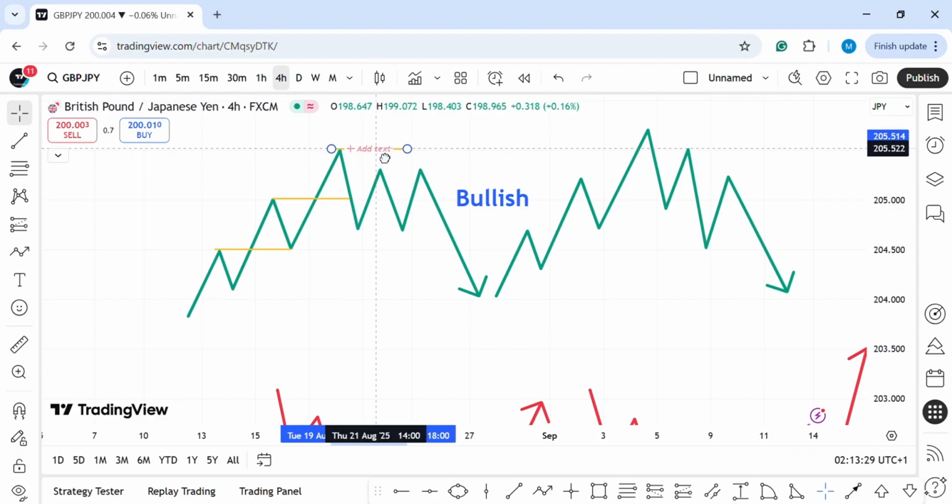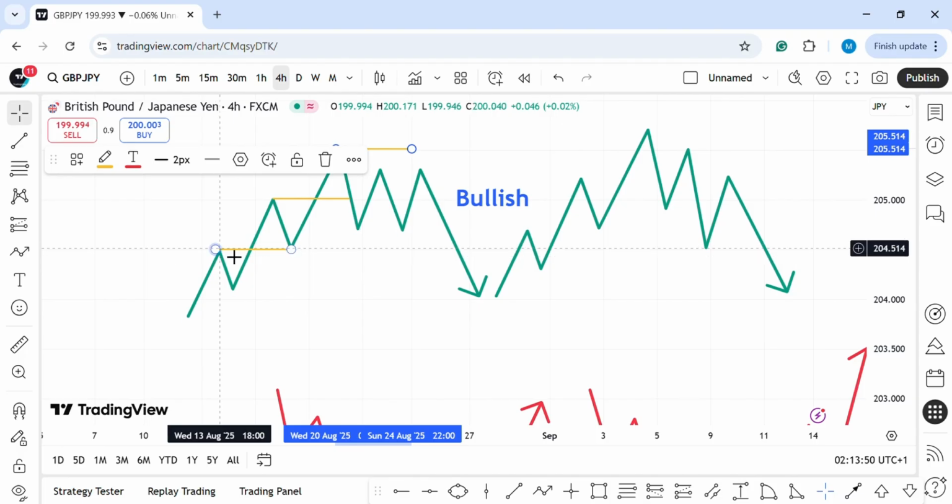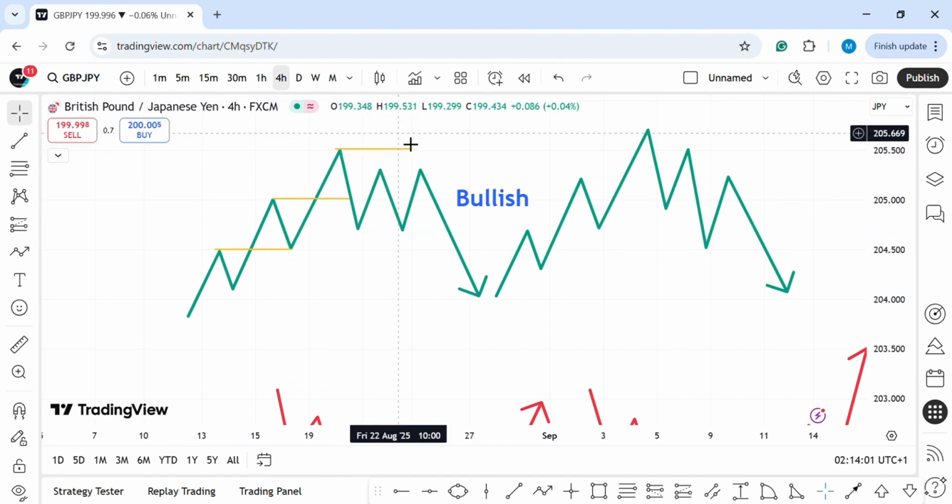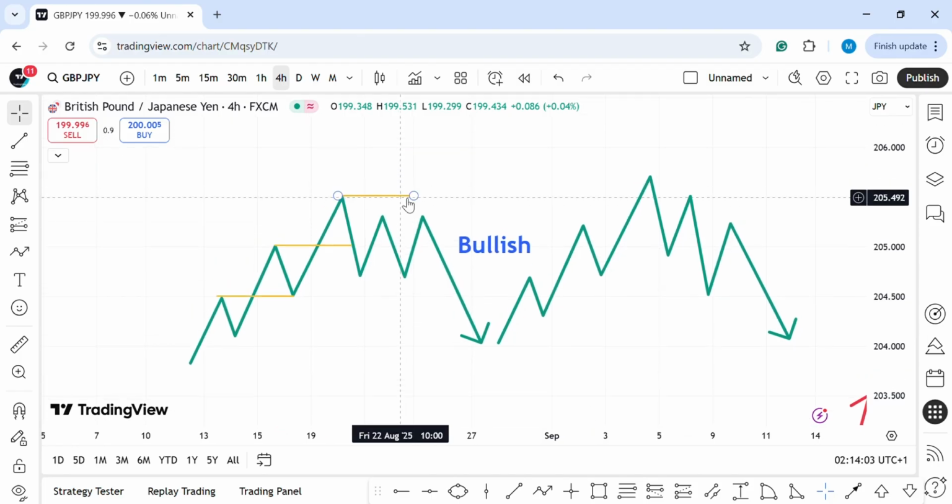Let's mark this way. This is the first high. When the market created this high, it pulled back and then what? Pushed up to break this high, and then pulled back again, pushed up to break this high again, and then this.